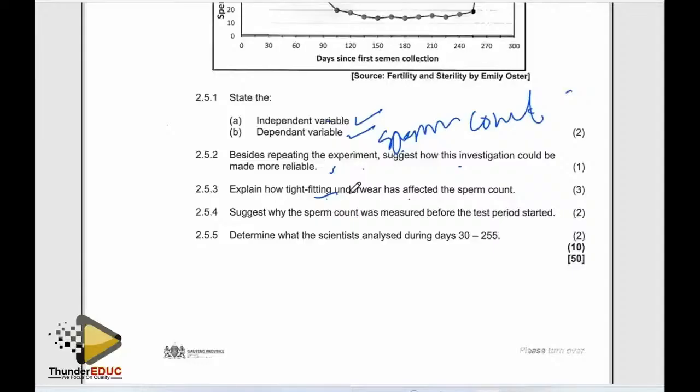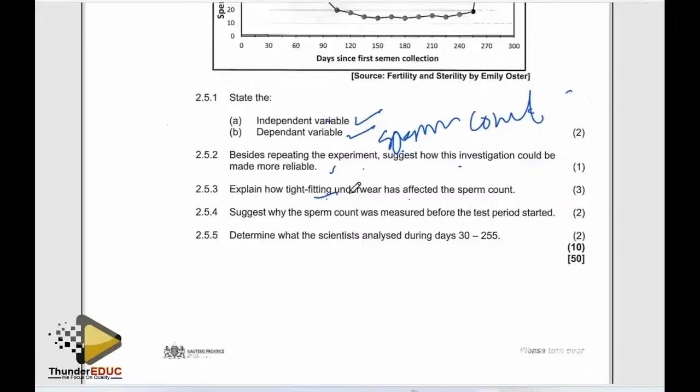You understand? Another way, the testes are pushed above, close to the body, which has a higher temperature, above 35 degrees. Do you understand?